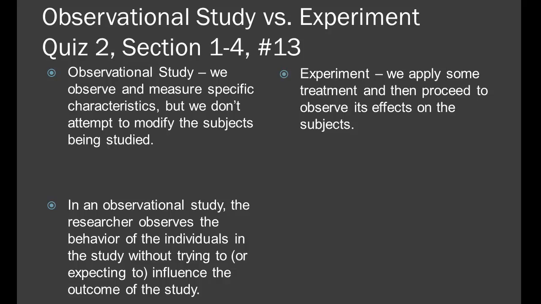So when we think about the example, a doctor performing tests to determine the reason for a patient's illness, the question is, is the doctor expecting to influence the outcome of the study? Is he expecting for some change to happen because of the test that he's performing? I'm kind of jumping ahead, but you could consider something like a test of your blood pressure.